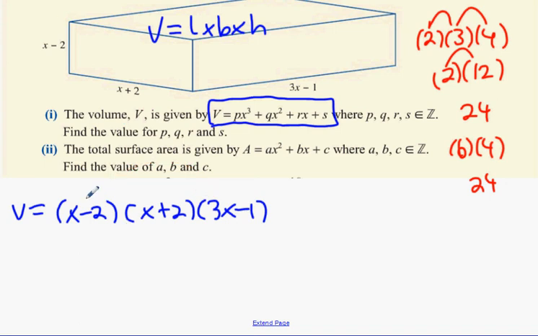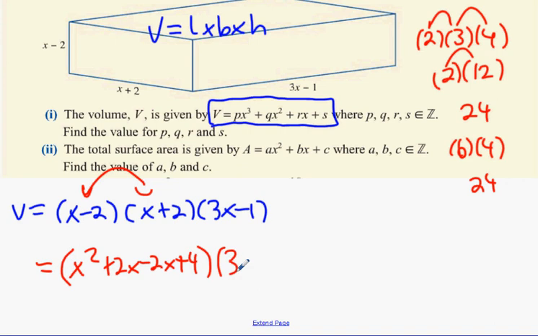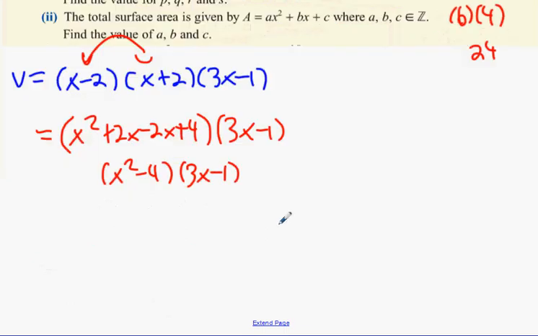So what we're going to do is this one times this one. X squared plus 2x minus 2x plus 4. Okay, tidy it up. X squared minus 4 bracket 3x minus 1.